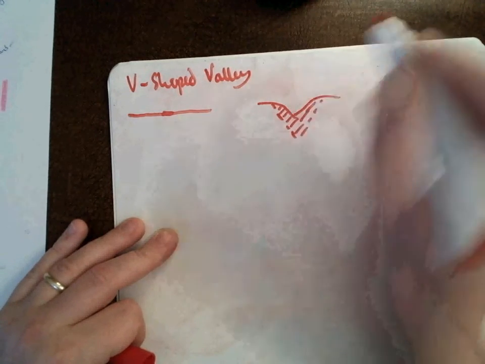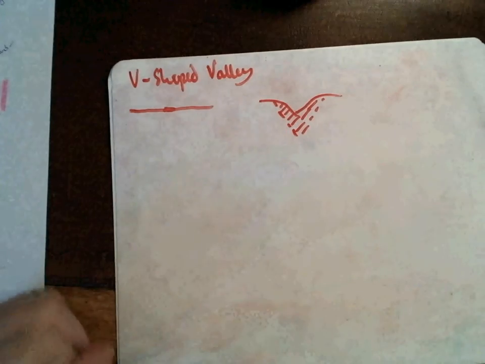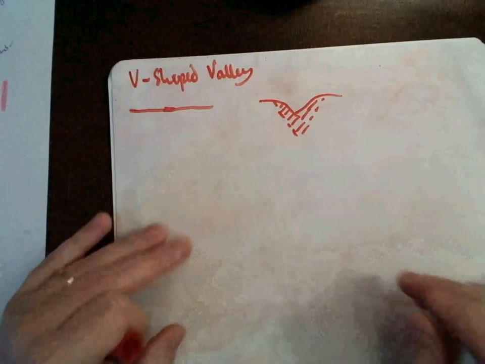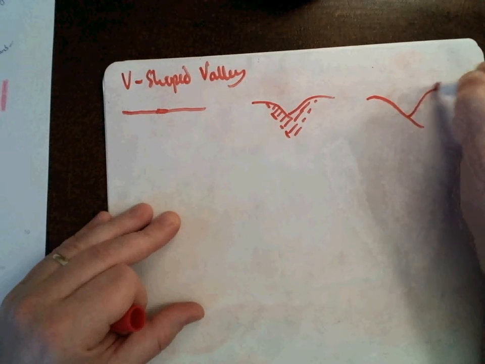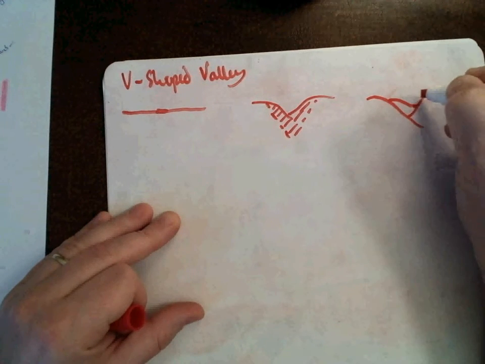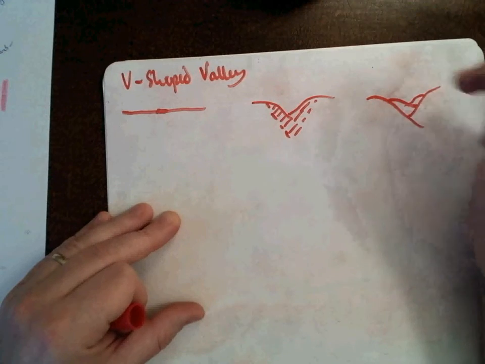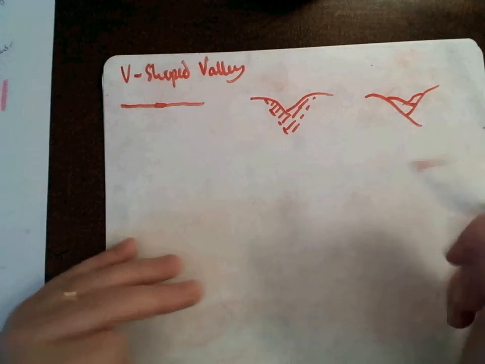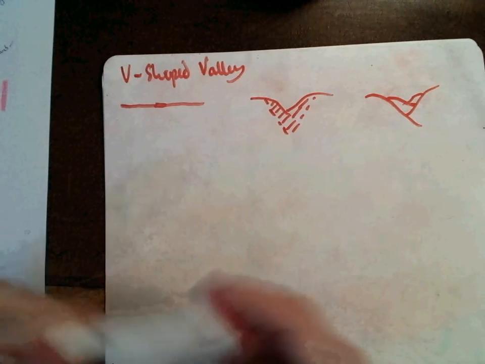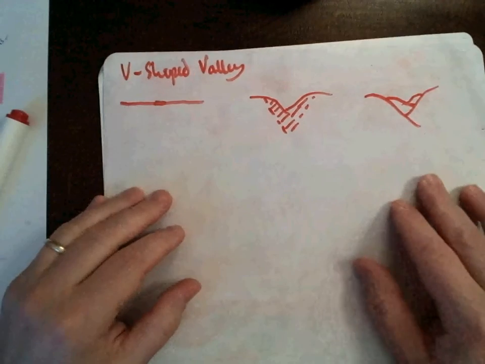This shaded area that I've drawn is the area that is going to get eroded away in the future. And ultimately, you're left with a steep-sided valley with a V-shaped cross-section, and as we look up the valley into the distance, the hills, the interlocking hills as they are known, of the V-shaped valley form.